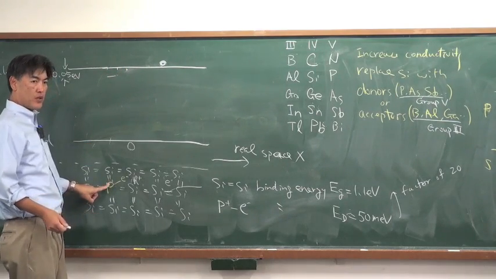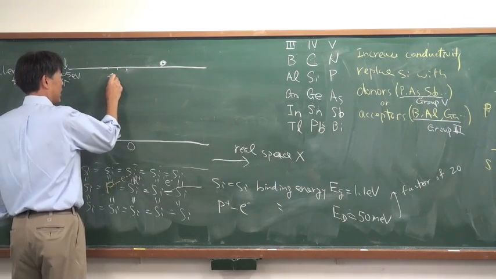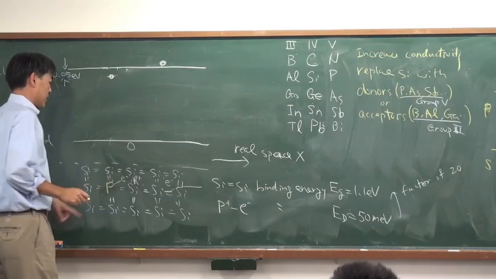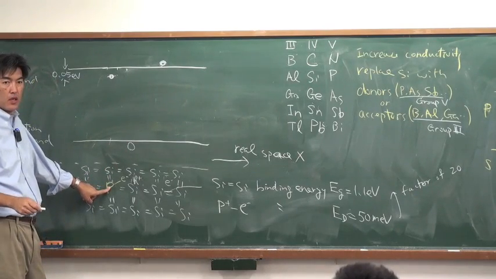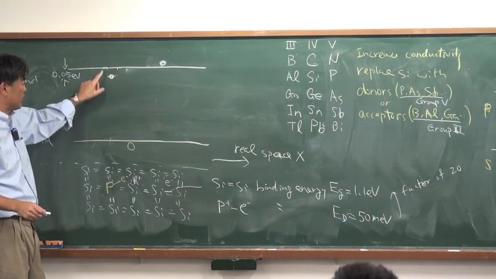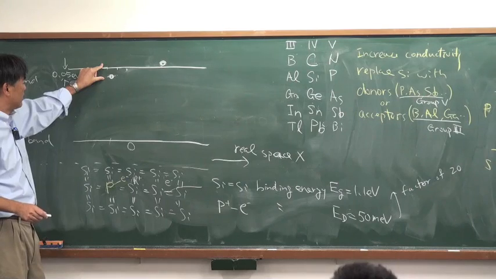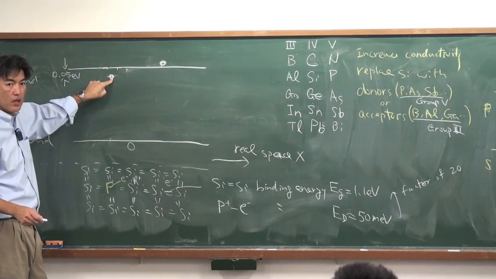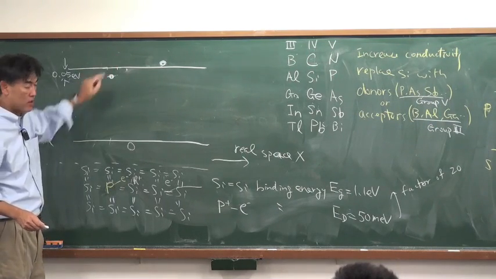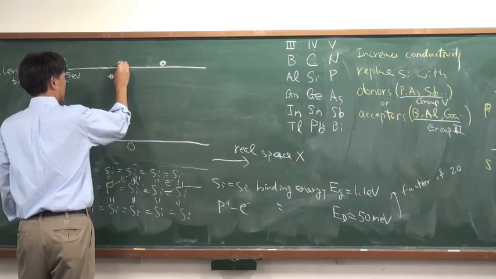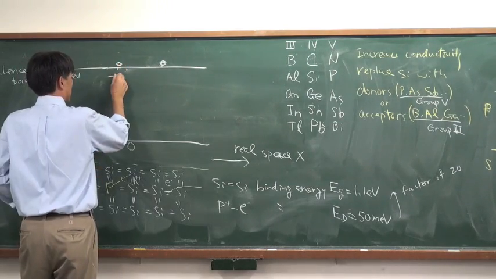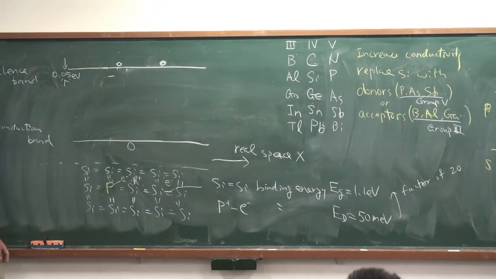If I introduce phosphorus, I introduce an extra electron at the position of phosphorus. But if the energy is large enough, then such electrons are excited to the conduction band, and this phosphorus level becomes empty. Make sense?